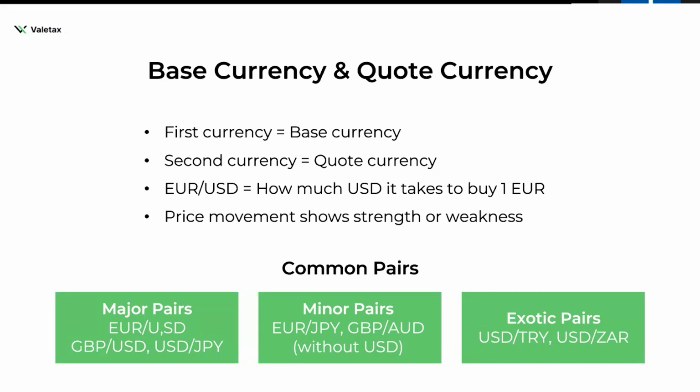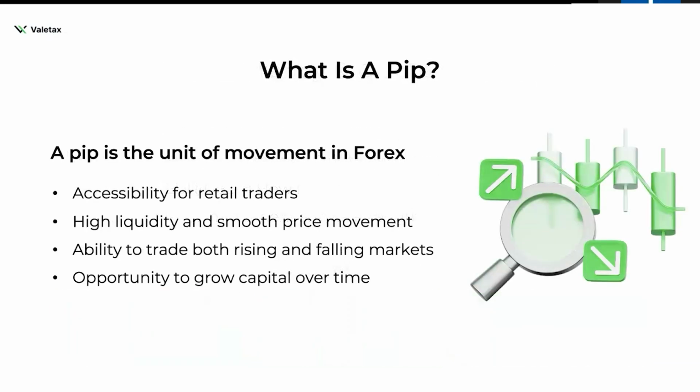We have the USD South African Rand, which is the ZAR. We have the USD MXN, which is the Mexican Peso. We have the USD CNY, which is the Chinese yuan. So these are exotic pairs.